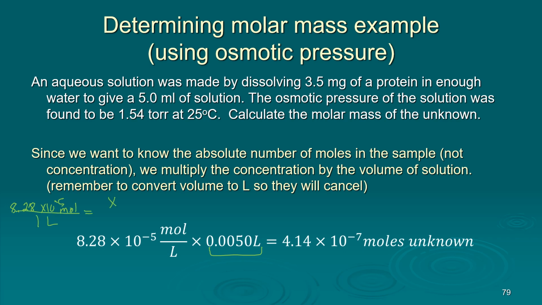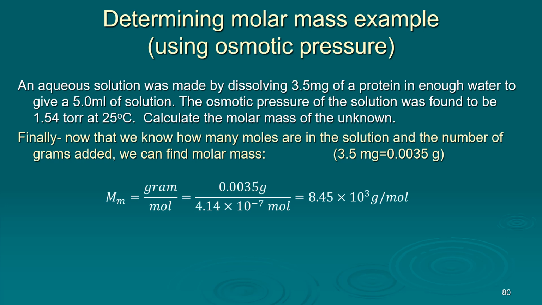But we want to know how many moles are equal to 5 milliliters, which is 0.005 liters. So this is your ratio. So we're trying to find out what X is. So you multiply your concentration times the volume. Gives you moles. So that's how many moles we had. I know that looks like a very small number, and it is. And now we can find molar mass.